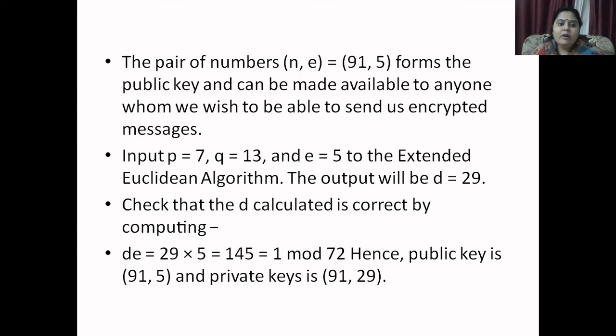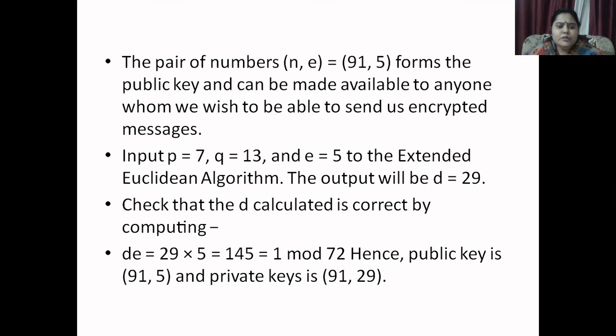Now the pair of numbers (N, E) equals (91, 5) forms the public key and can be made available to anyone whom we wish to be able to send us encrypted messages.